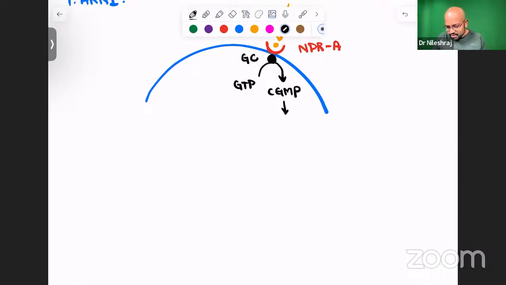This in turn is responsible for vasodilatation and natriuresis. Increased sodium and water excretion is seen with cyclic GMP.